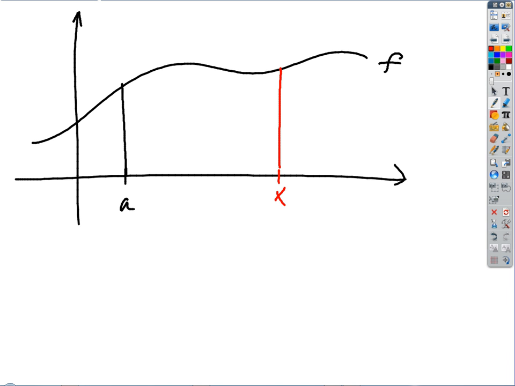In the past, what we've talked about up until now, we've always talked about areas under curves from some constant starting point up to some constant ending point, and that represented some number, right? A definite integral. You'll notice the answers to definite integrals are a number. It's an area under a curve.